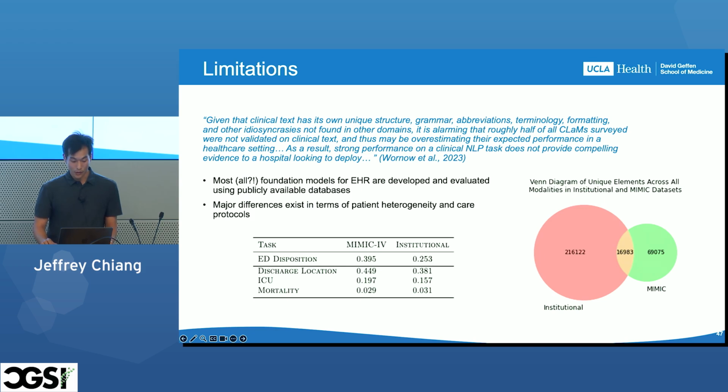And on the right, I'm just showing a count of distinct concepts represented within the UCLA data, and concepts represented inside MIMIC. And part of this is because we're a large academic medical center here and just see a wider variety of patients and provide a wider variety of care.